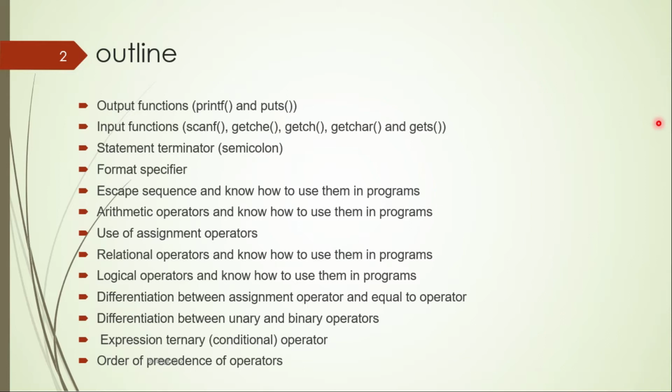We will also learn some differentiation between unary and binary operators. And at the end of this series, we will discuss the order of precedence of operators followed in C.